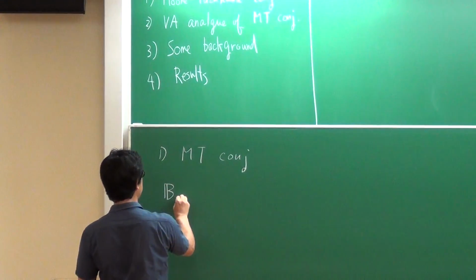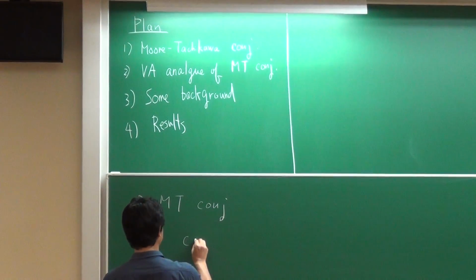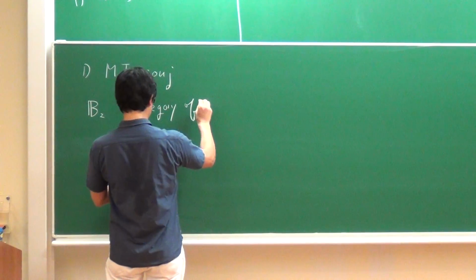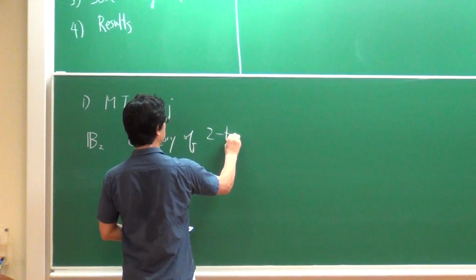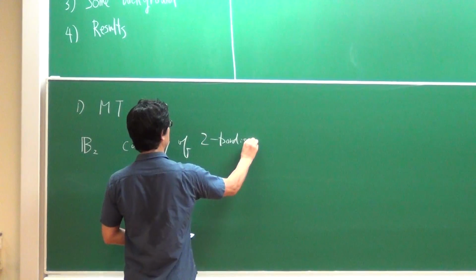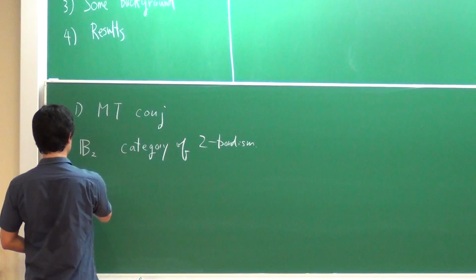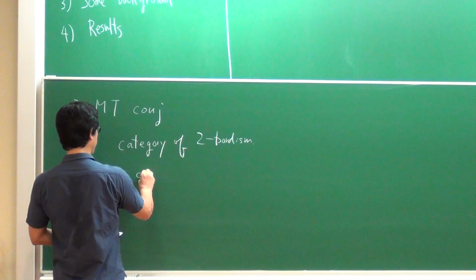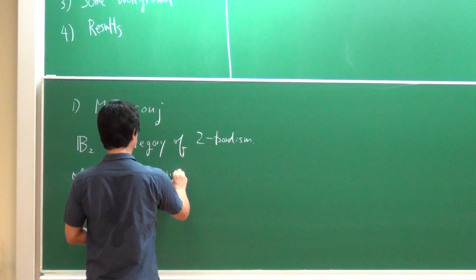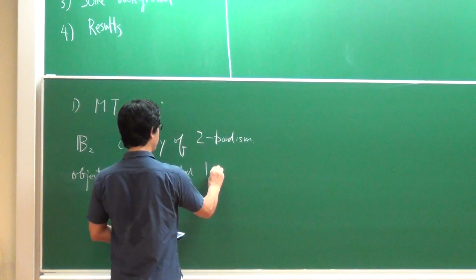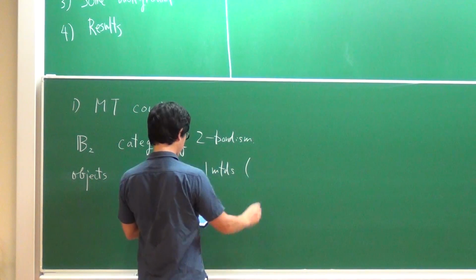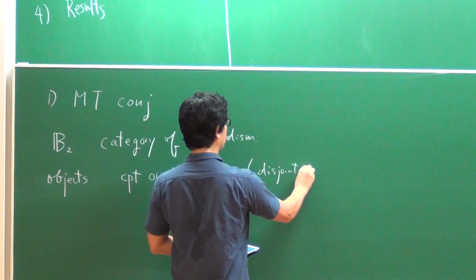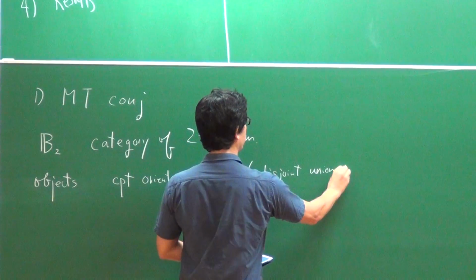Because it's a QFT, we consider the category of, so objects here, compact oriented one-manifolds, which means just the disjoint union of this line.